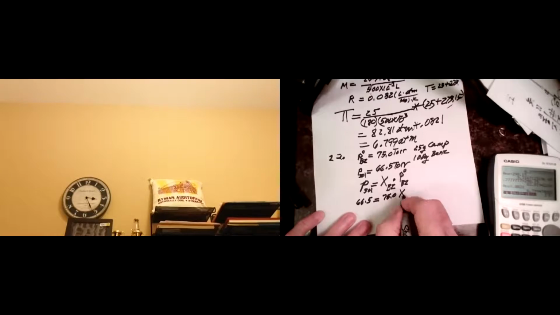That's equal to the vapor pressure of the benzene, 75 torr, times the mole fraction of the benzene. We plug in what we know, we solve for what we don't know. Mole fraction of benzene is going to be equal to this number divided by this number, 66.5 divided by 75.0. So let's do it.